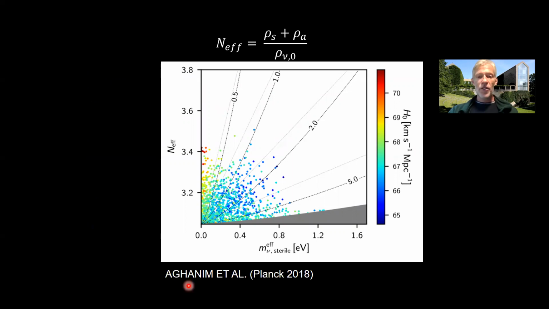You can see a parameter here called the effective sterile neutrino mass. That's basically the physical sterile neutrino mass multiplied by a factor that tells you that sterile neutrinos are typically less abundant than normal neutrinos, and that has to be taken into account, and that gives you this effective mass parameter.